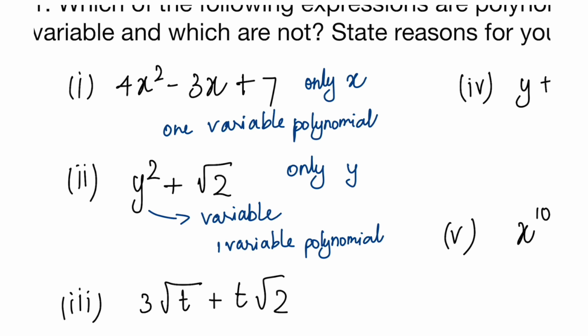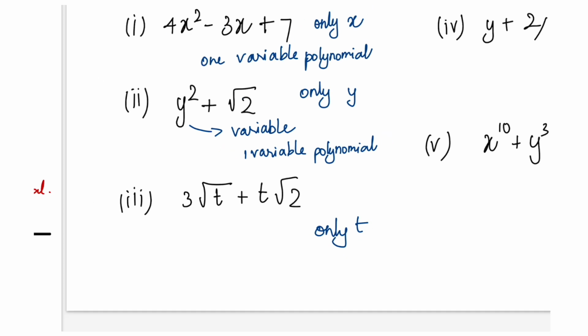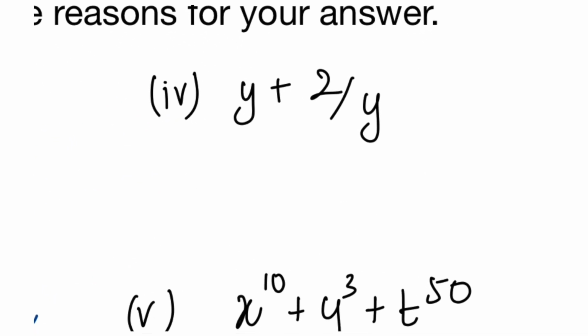So it's considered a single variable. Similarly, here we have root t and t. Although they are different terms in these expressions, the underlying variable is just t. So you can say it is a one variable polynomial.